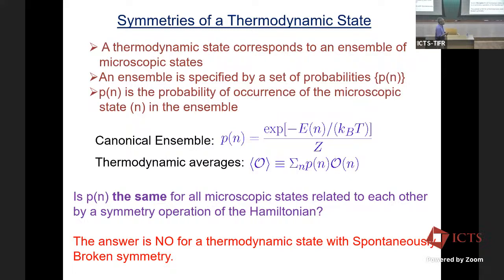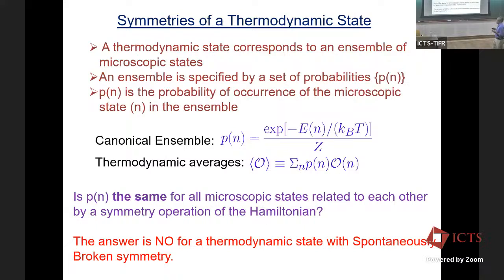And the value of any observable in the thermodynamic state is basically an average over all the microstates with this probability. Okay, so this is the basic concept of statmech, saying that when a system is in equilibrium, it's going through many microstates. Each microstate occurs with some probability. The probability depends on which ensemble one is talking about. In the canonical ensemble, the probability is given by this, known as the Boltzmann probability because the Boltzmann constant is sitting here.